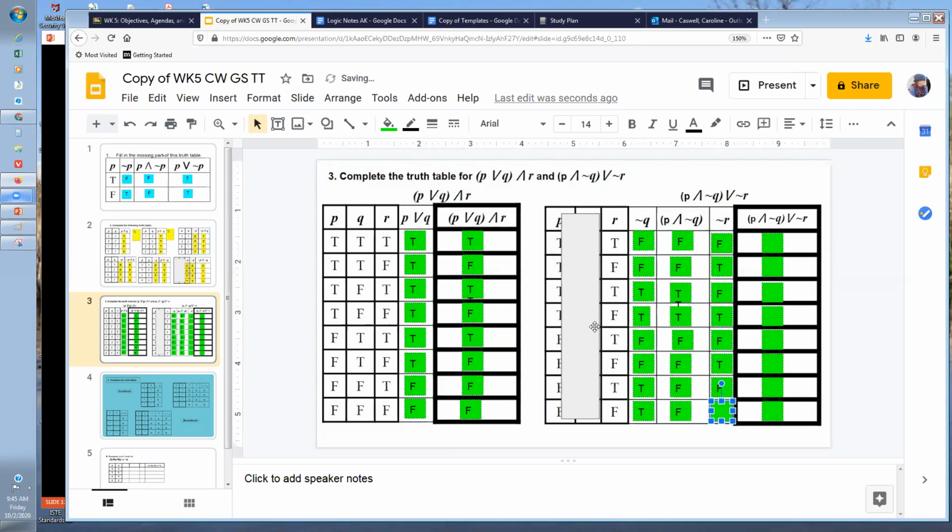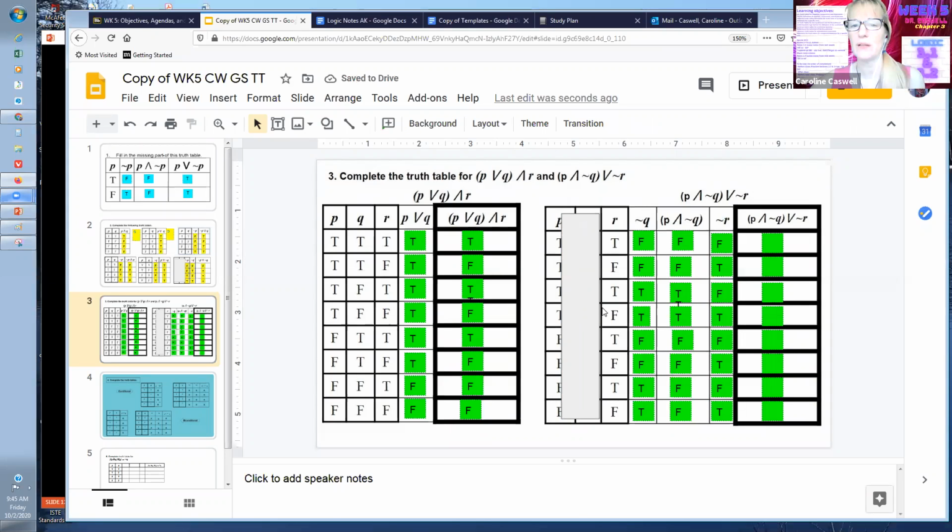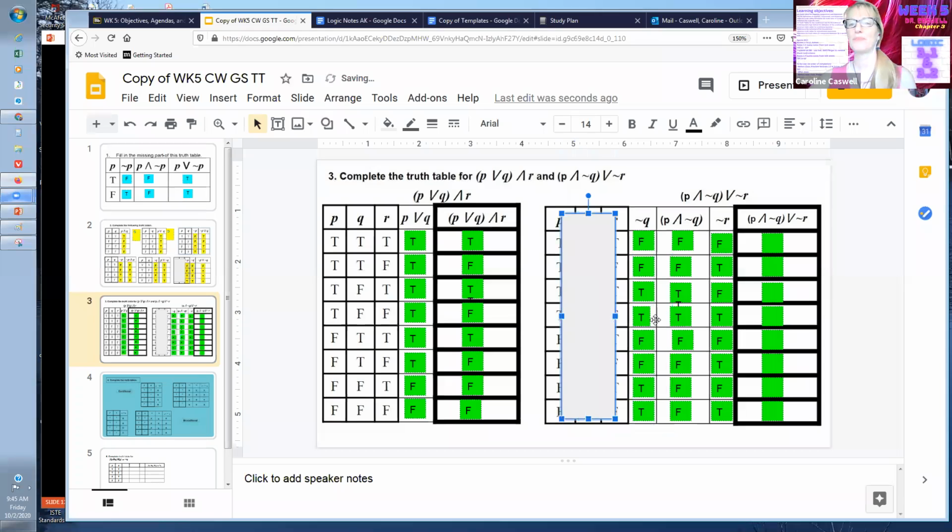Okay, and now I'm going to cover up the R as well, just so I don't have to look at it. There we go. So now, I don't need the not Q either. That's over. So now what we need is our and statement and our not R, and make that an or. So with or, what's the only thing that we give a false in?